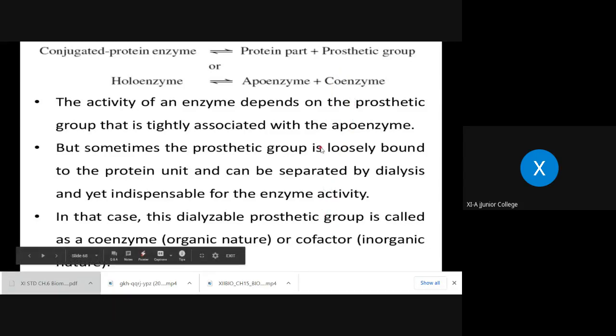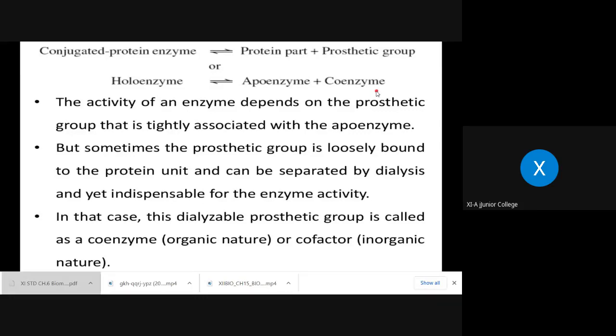So what is the difference between coenzyme and cofactor? The protein part is common, but the prosthetic group may be a coenzyme or cofactor. Now what is a coenzyme and what is a cofactor? Coenzyme is the organic part and cofactor is the inorganic part.